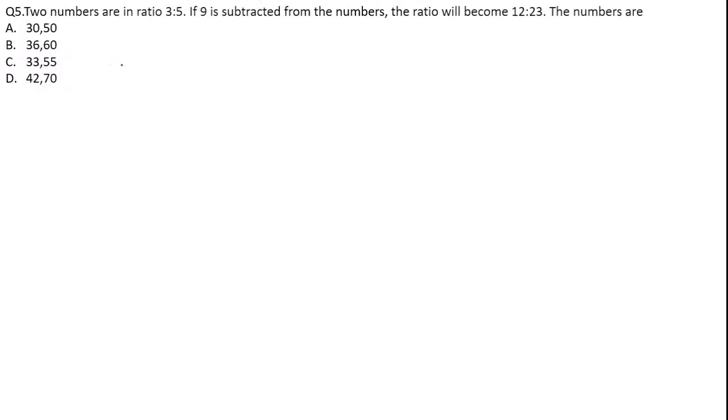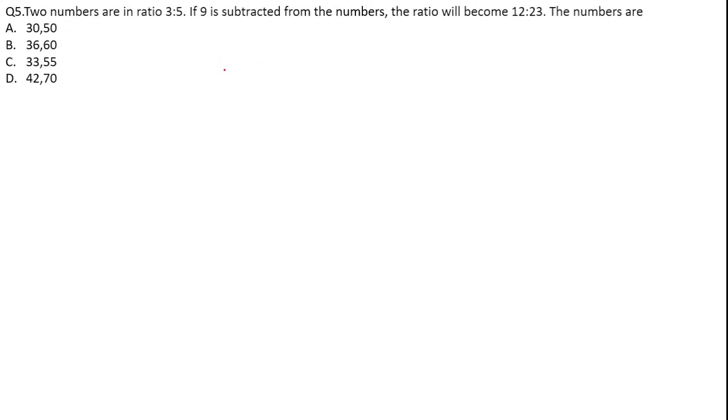Fifth question. This is a ratio and proportion question. Two numbers are in ratio 3:5. If 9 is subtracted from the numbers, the ratio will become 12:23.